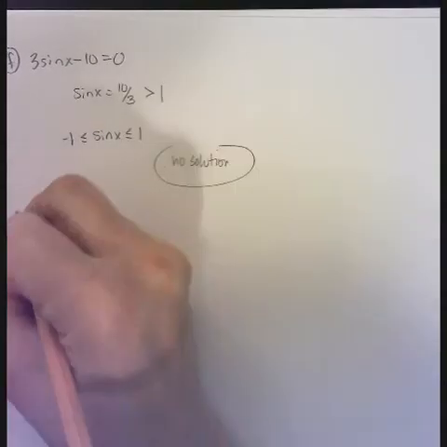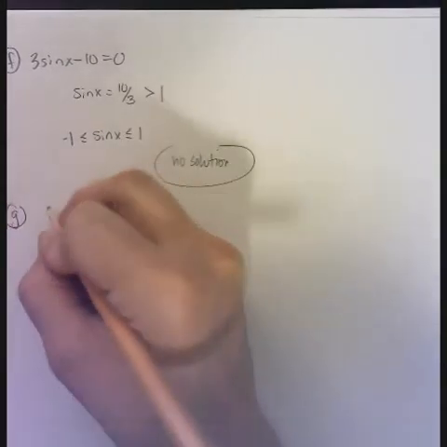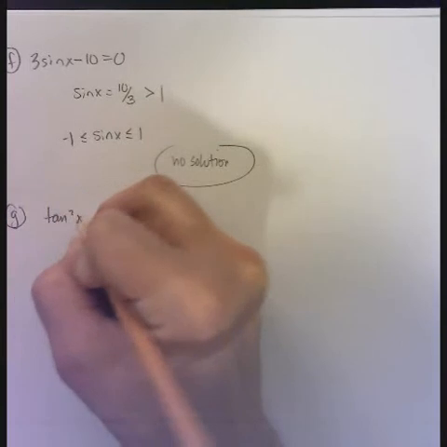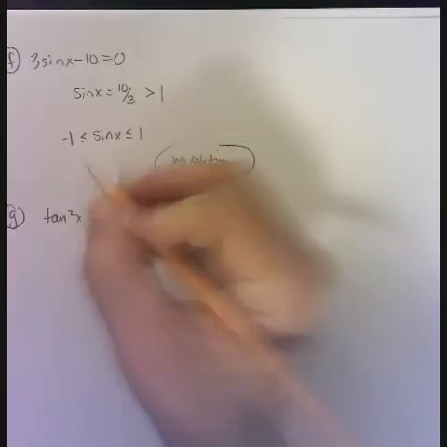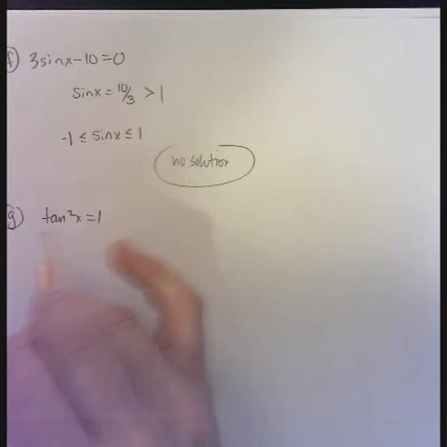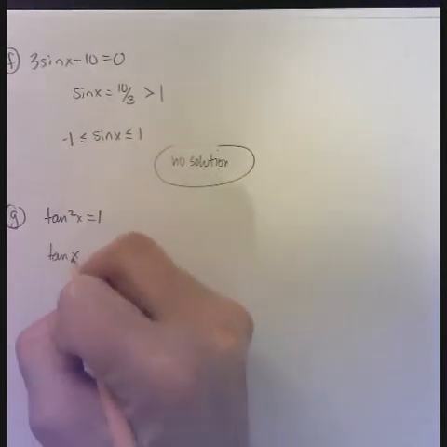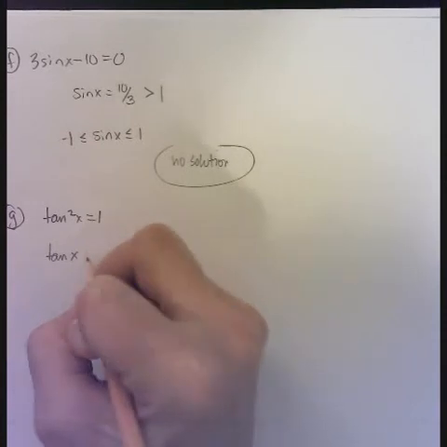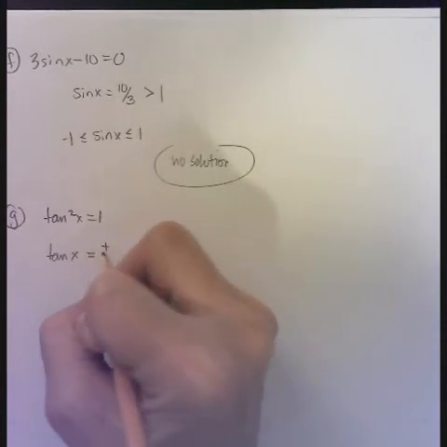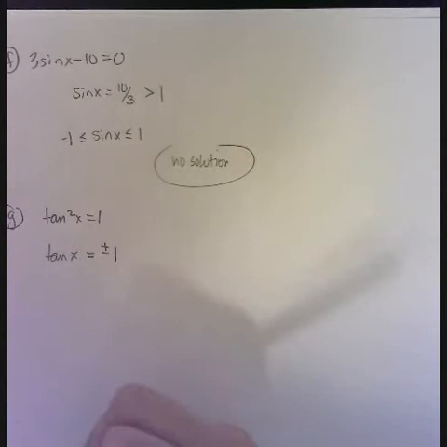We have tangent squared x equals 1. All right, so again with the square, when you take the square root of both sides, this is similar to D actually, we get tangent of x is plus or minus 1. So again, we'll have a solution in every single quadrant.